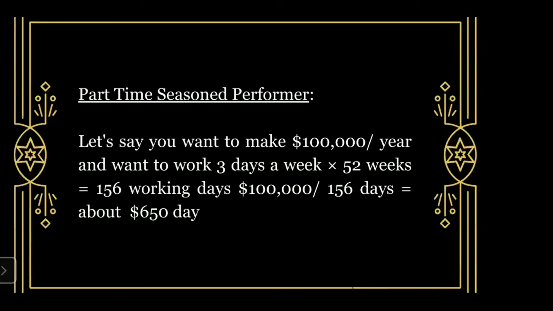And so if you're a seasoned performer who wants to make $100,000 a year, but you only want to work 3 days a week, remember we have 52 weeks, that's 156 working days. $100,000 divided by 156, that's $650 a day.